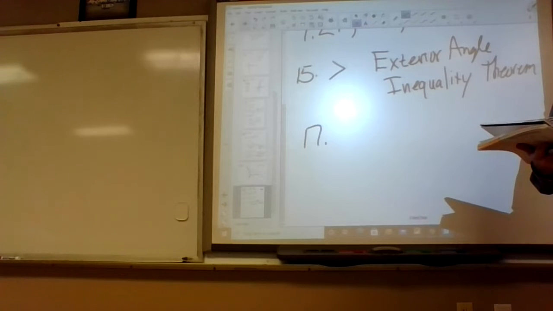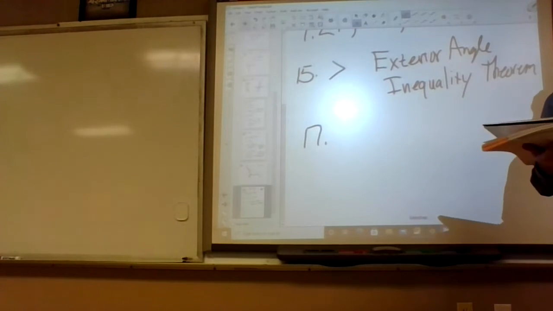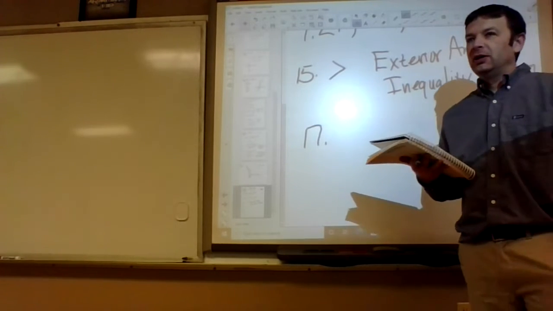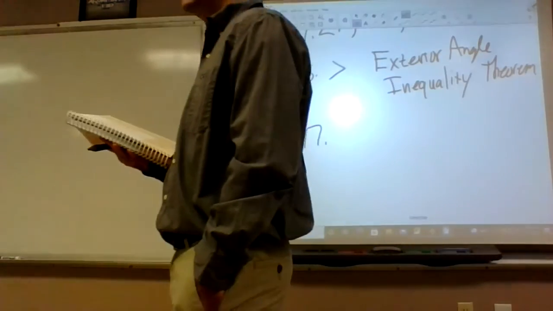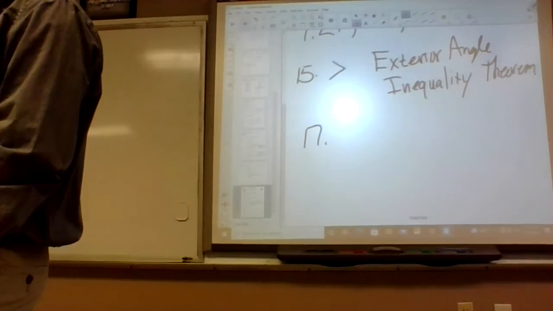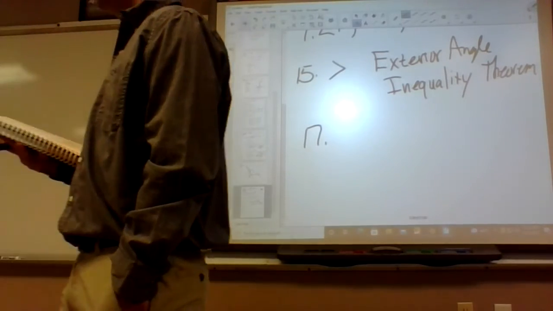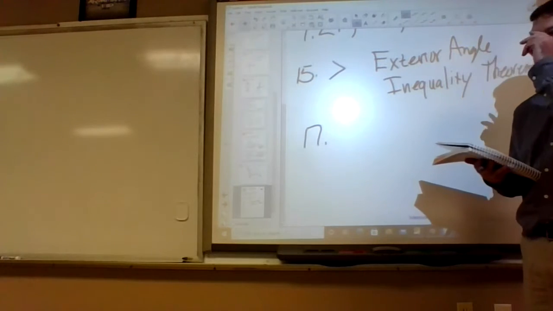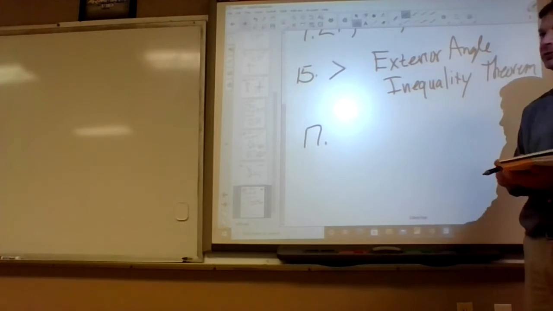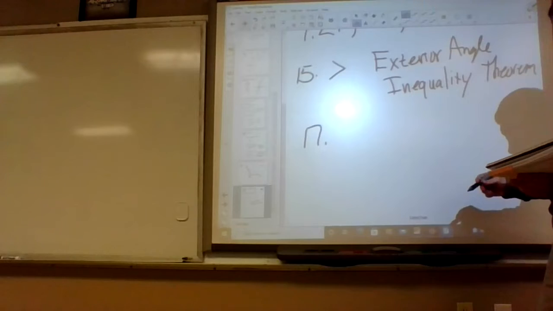ABC. How do we know that ABC is bigger than angle 2? Well, we know that angle 1 plus angle 2 equals angle ABC, right? So obviously angle ABC would have to be bigger. If the two little things add up to the bigger thing, then the bigger thing has to be bigger than the two little things. That's called comparison property.